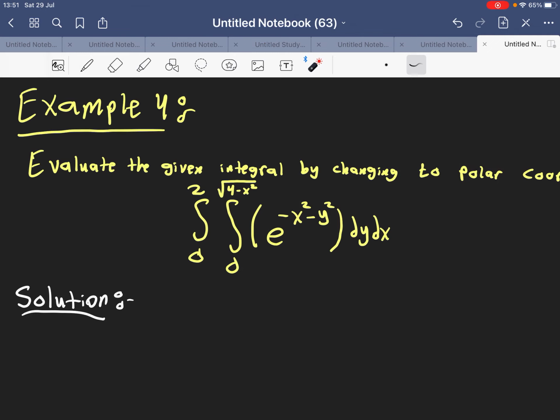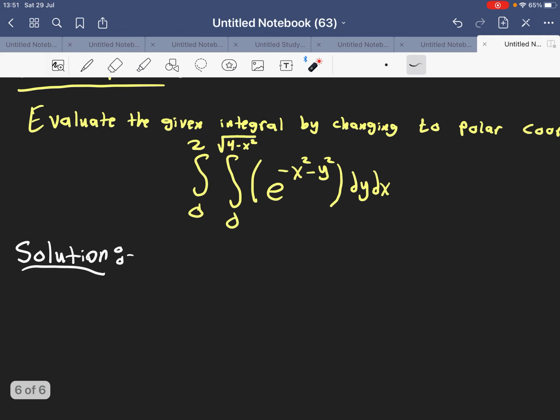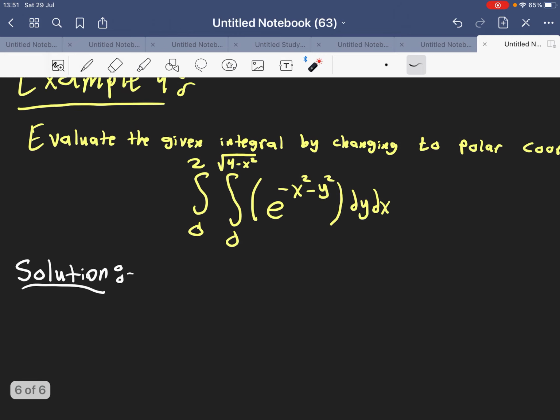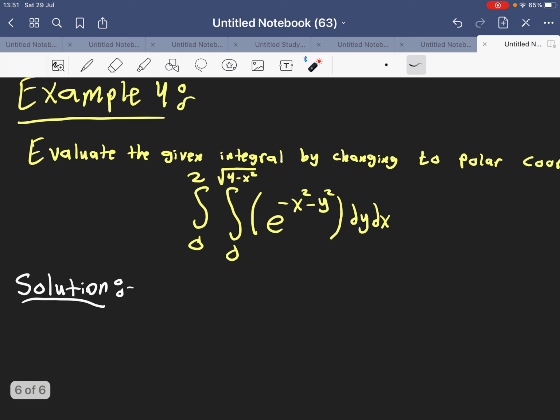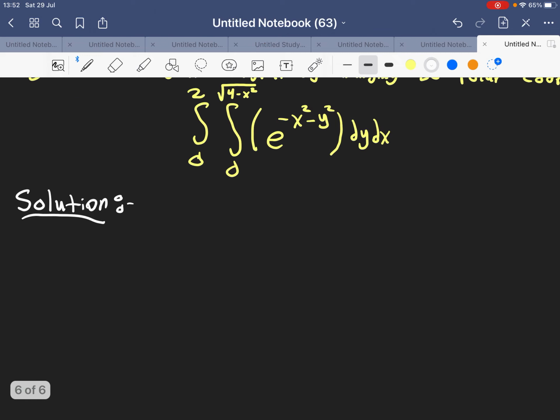So the next idea, either I reverse the order of integration from y to x, or I need to use the polar coordinates, which is suggested in this example. So here, in order to change into polar coordinates, I need to sketch the graph of this function.